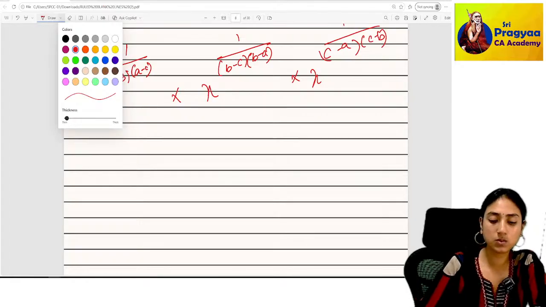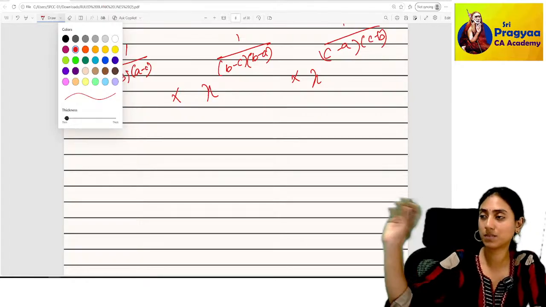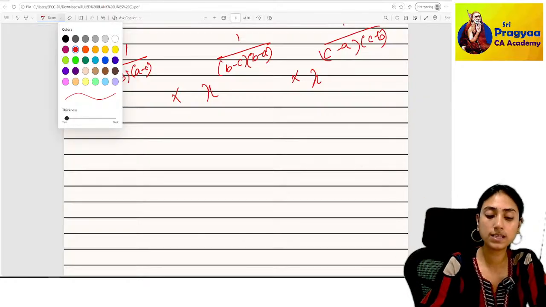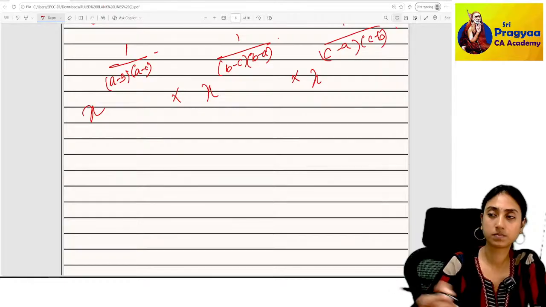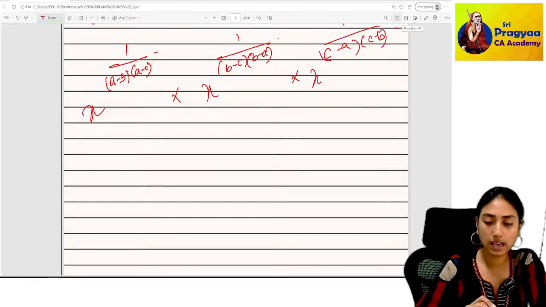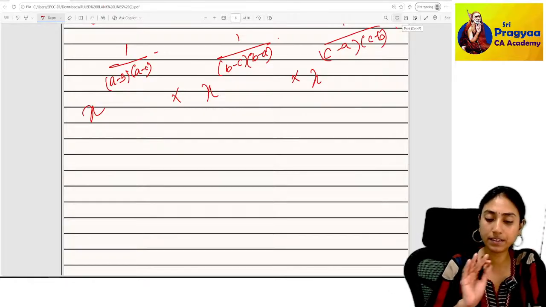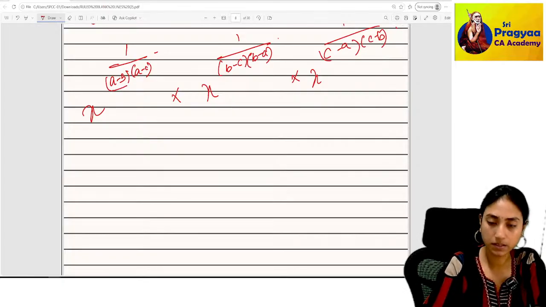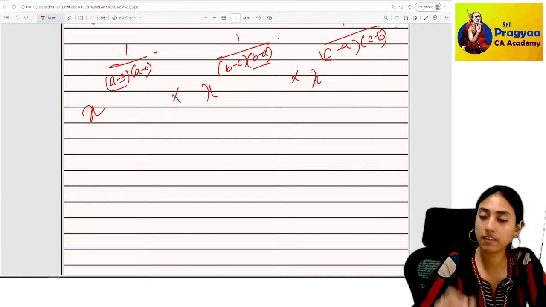So going by the terms that we have in the power, how else can you rewrite this? See, I need everything to have the same form. Here I have a minus b, but here I have b minus a.